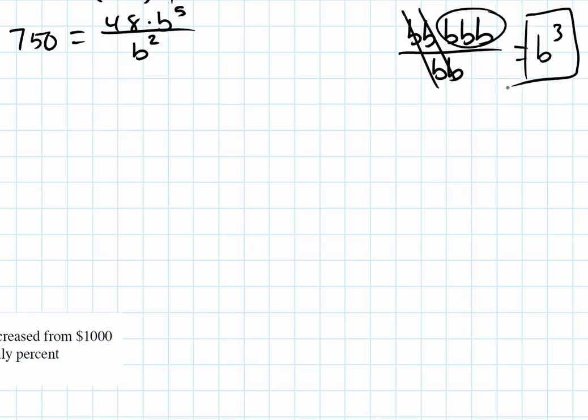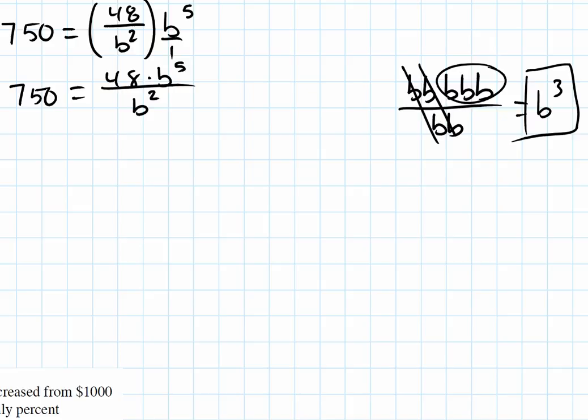So my equation is then 750 equals 48 times b to the third power. If I wish to get b cubed by itself, I'm going to divide both sides of this by 48.